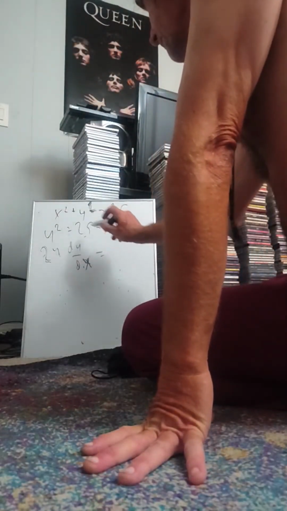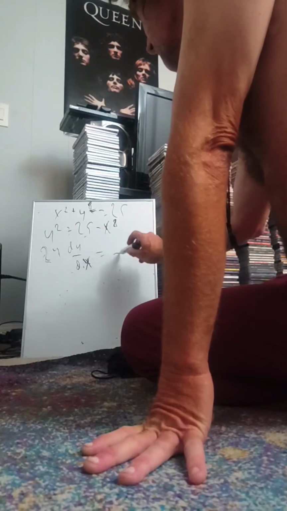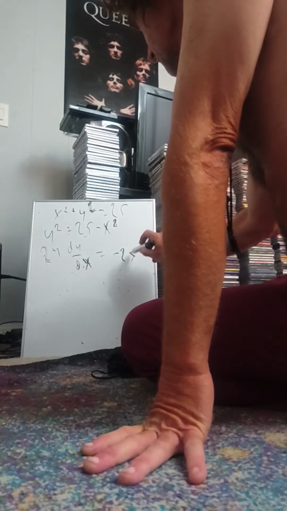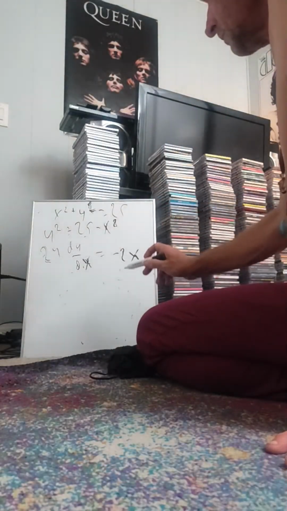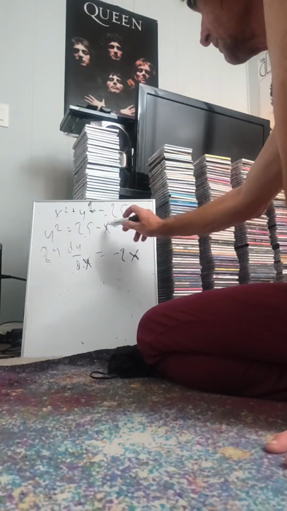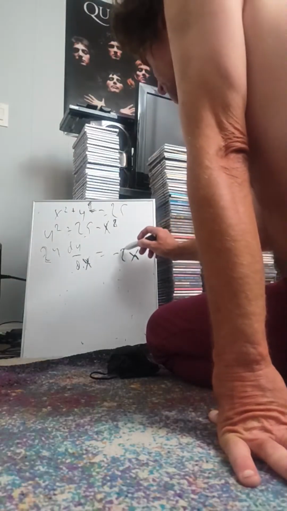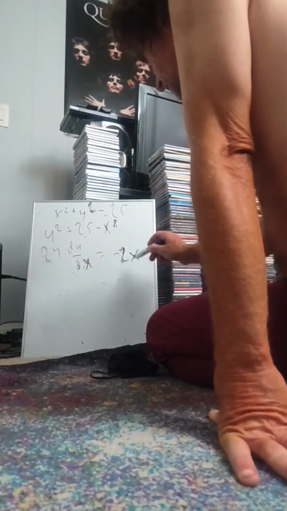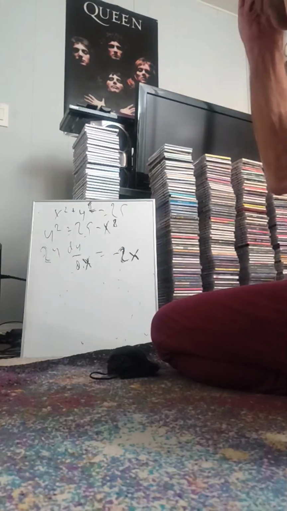Equals, derivative of 25 is 0. The derivative of minus x squared is minus 2x. 2 times minus 1 is negative 2. 2 minus 1 is 1. x to the 1 is x. See that? That's how I'm doing this right.